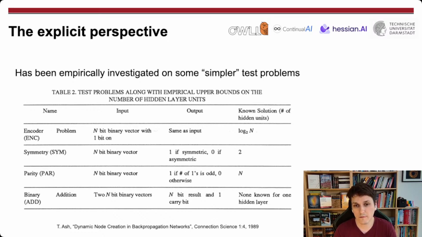So the solutions here, for example, to the parity problem of an n-bit binary vector, so the question of whether it is in fact odd or even, is known to have a solution with n amount of units for an n-bit binary vector. And similarly, there are solutions for the other scenarios in here, with the exception of the binary addition task that's investigated here.